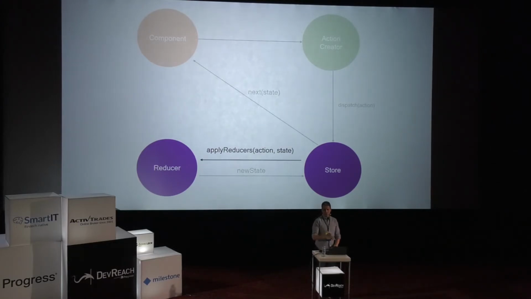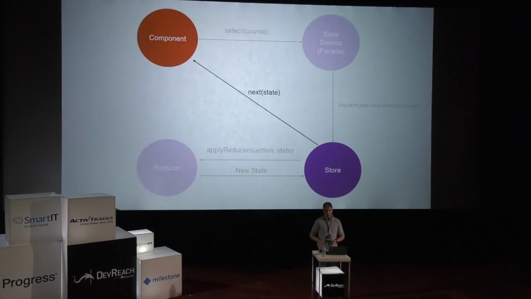They take the payload, or the data, from this action, and they return a new state, and this new state will be saved at the store. And then our store will just call observer next, and this will notify the components that have subscribed for changes inside our store.